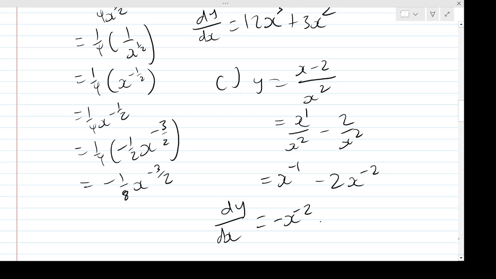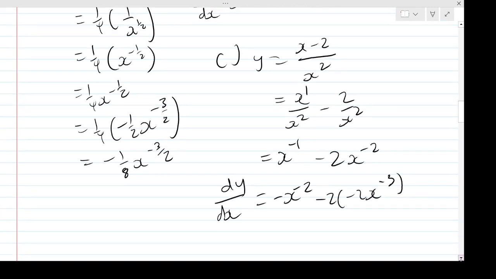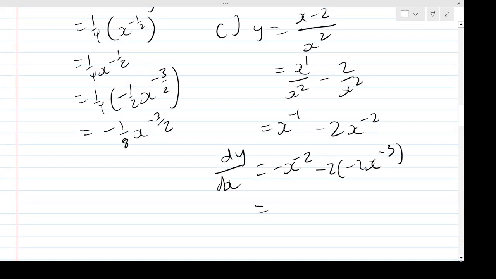Then we subtract 2, and we bring the minus 2 to the front, so that'd be times minus 2, x, and then we knock 1 off. So minus 2 minus another 1, that'd be minus 3. If we then simplify it a little bit, we get minus x to the minus 2 plus, well, minus 2 times minus 2 is plus 4, x to the minus 3. And there we are.